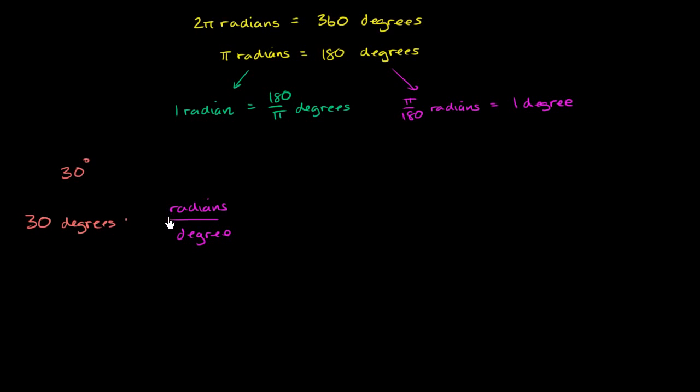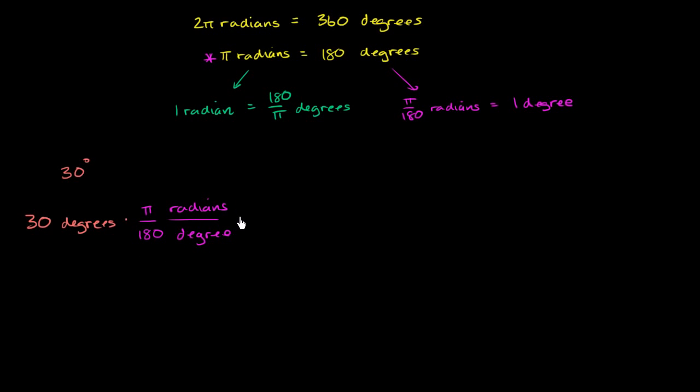And here we just have to think about, if I have pi radians, how many degrees is that? Well, that's 180 degrees. It comes straight out of this right over here. Pi radians for every 180 degrees, or pi over 180 radians per degree.